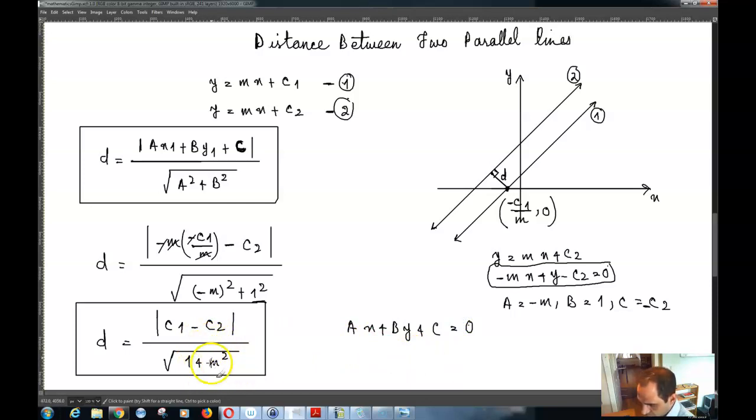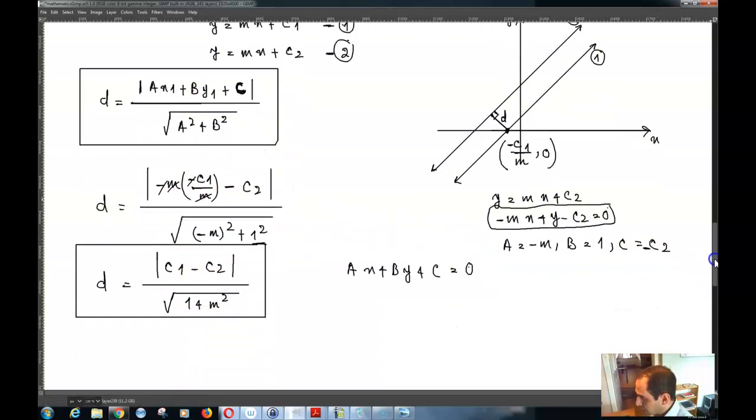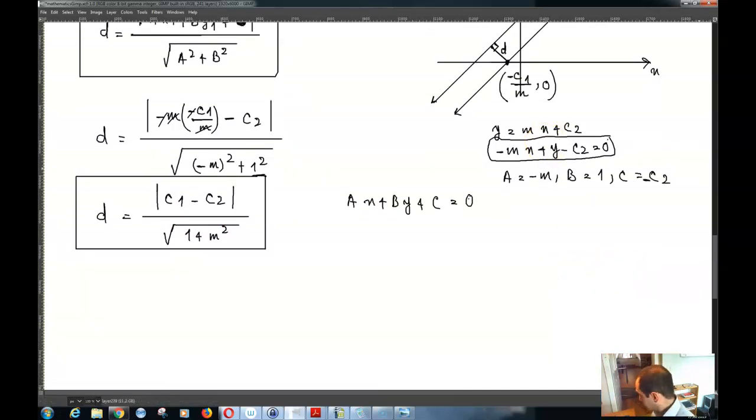We could go through the same process and get a formula which would be d is equal to the absolute value of c1 minus c2 over, instead of the square root of 1 plus m squared, the square root of a squared plus b squared.